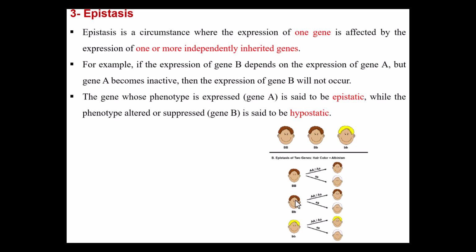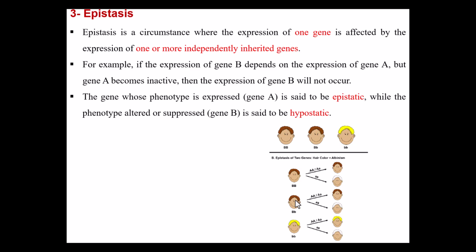For example, we have BB, B capital for brown, and we have B capital, B small for red, and B small B small for yellow. If the gene that is deciding whether the color appears or not is A small A small, the color won't appear.